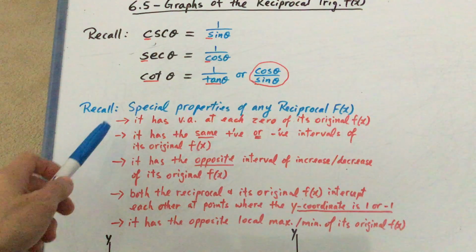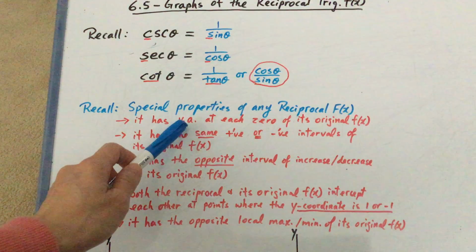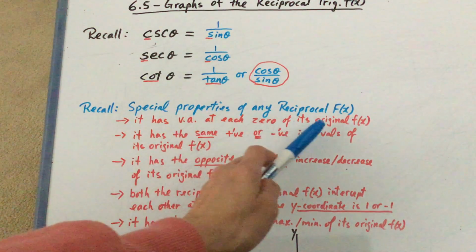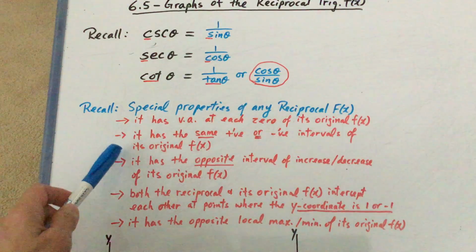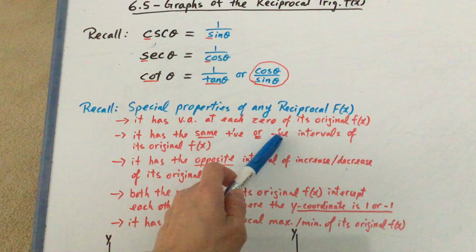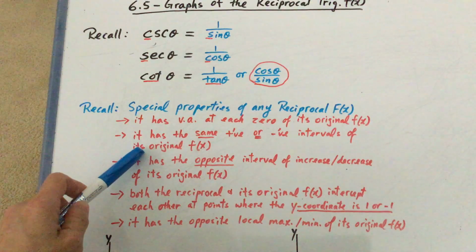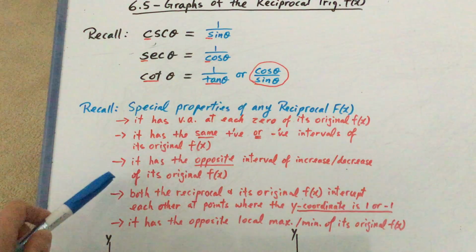What are they? First, it has a vertical asymptote at each zero of its original function. Second, it has the same positive or negative intervals as its original function.